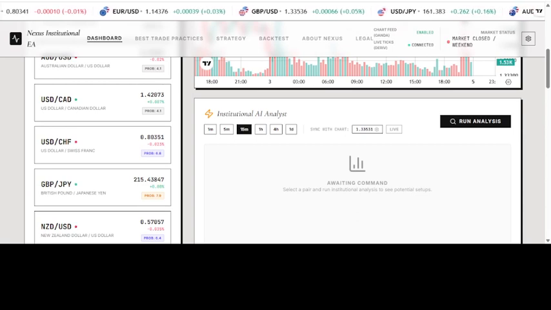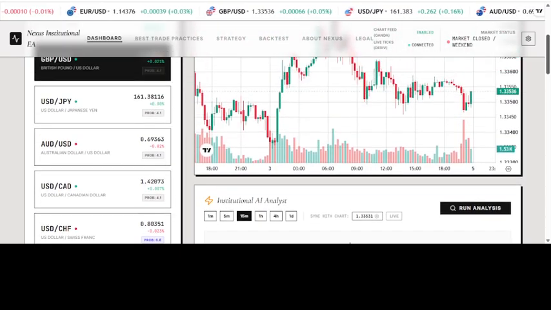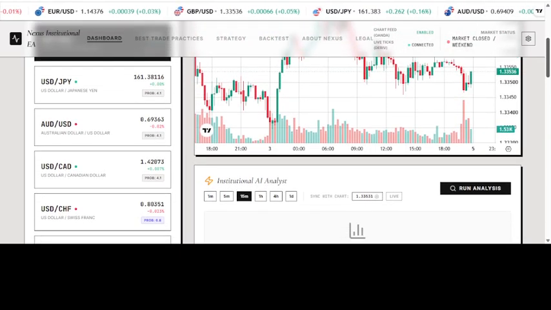What you're going to look for is the current price of the asset, and make sure the prices are synced up together. 33531, which is pretty close. And then once you verify that the prices are synced, you just run the analysis here. You just click this button.